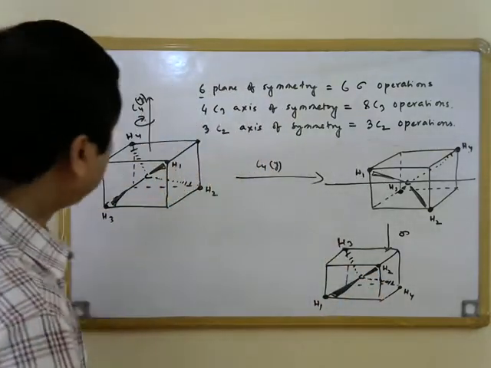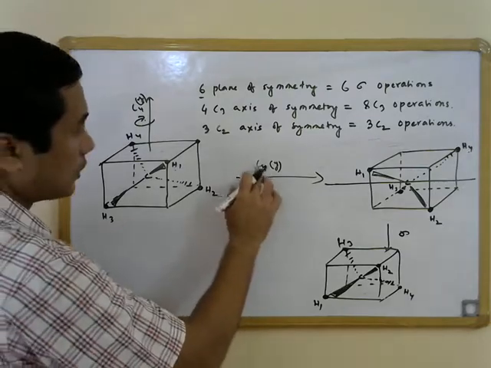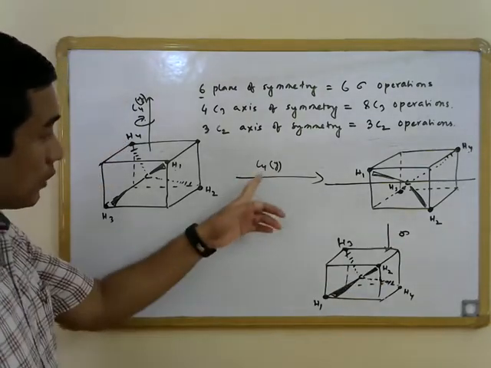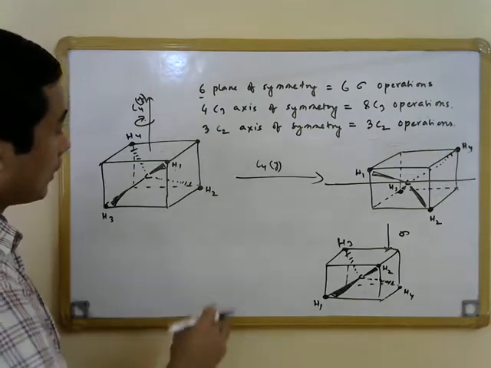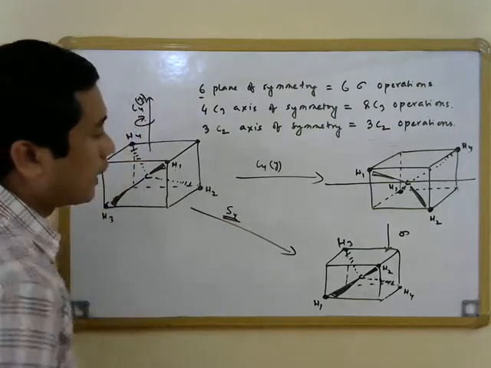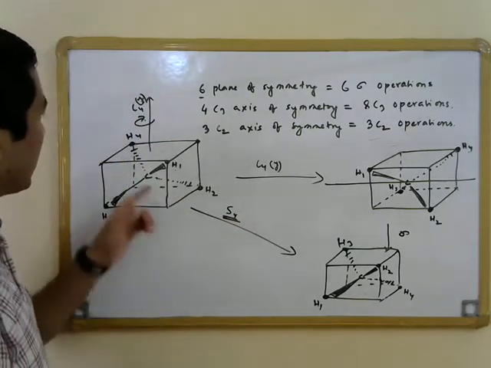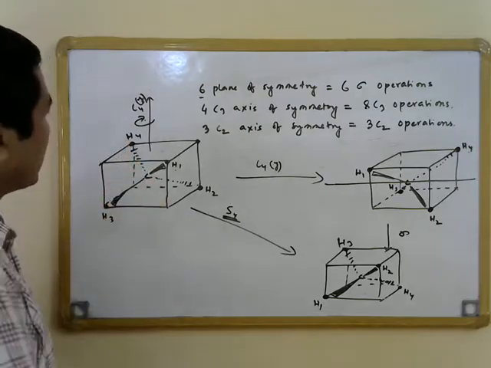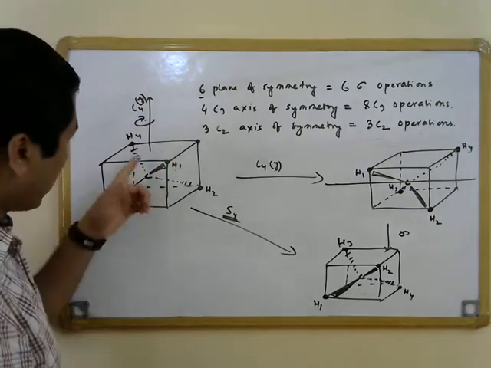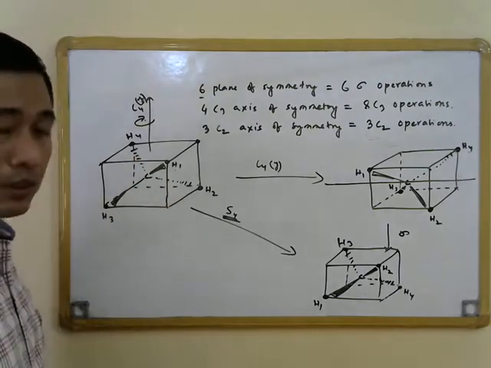So what we see is that we reach an indistinguishable configuration after doing both C4 and sigma perpendicular to the C4 axis that we have taken. Now this is what we have done, an S4 symmetry operation, and what again we have seen is that this S4 axis is collinear to the C2y axis, and it also passes through the center of these two opposite faces of the cube.